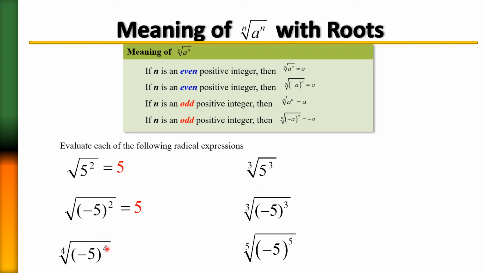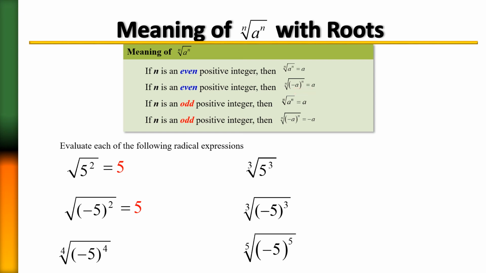So if n is 4, in this case, it is an even integer. 4 is even, and my radicand is a negative number.